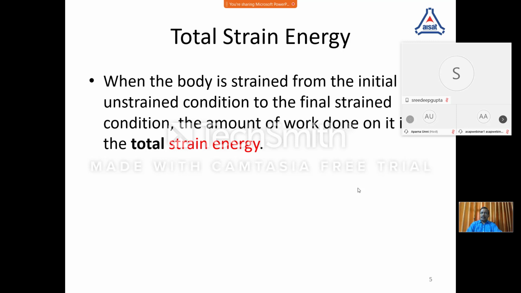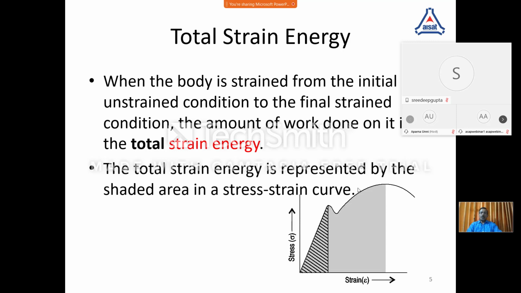That means the deformation is recoverable or temporary. After that limit, the deformation is permanent. It cannot be recovered. The deformation is done to the body on a permanent basis. That deformation is called plastic deformation, and the total strain energy consists of both these.